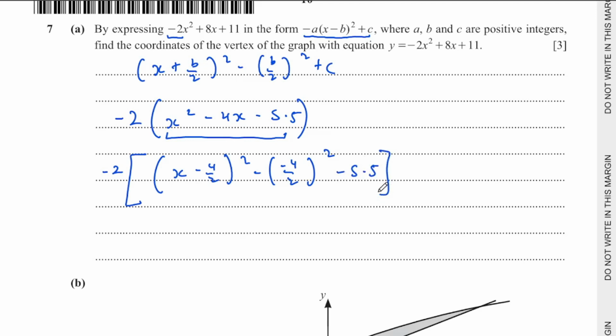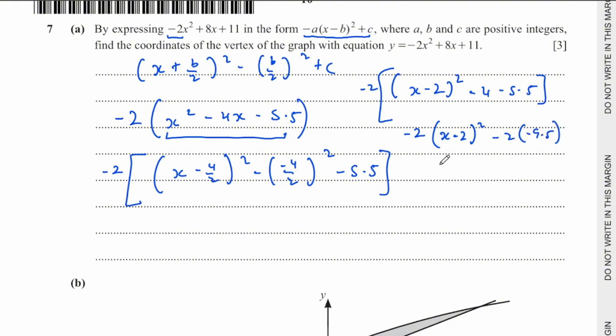This becomes negative 2 on the outside, (x minus 2) squared minus 4 minus 5.5, which is negative 2 open bracket (x minus 2) squared, negative 4 minus 5.5 is negative 9.5, times negative 2, so negative 2 times negative 9.5. At the end, negative 2 (x minus 2) squared, plus 19.